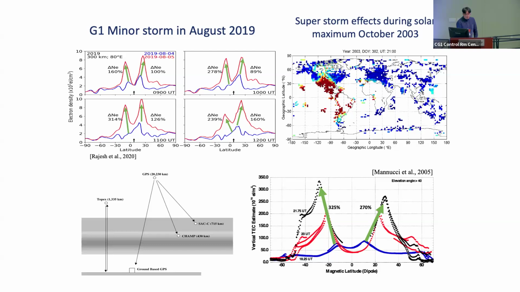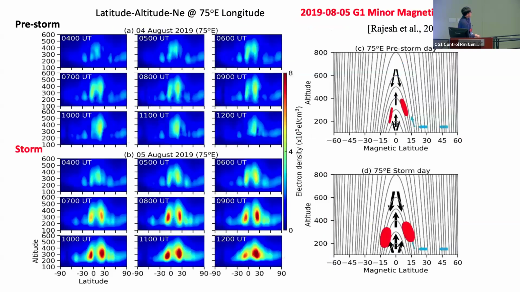So we are very surprised that they share very similar results and similar density increases in both EIA peaks. And also by using the GIS results, we can find that both peaks increase and the peaks go to polar altitudes.